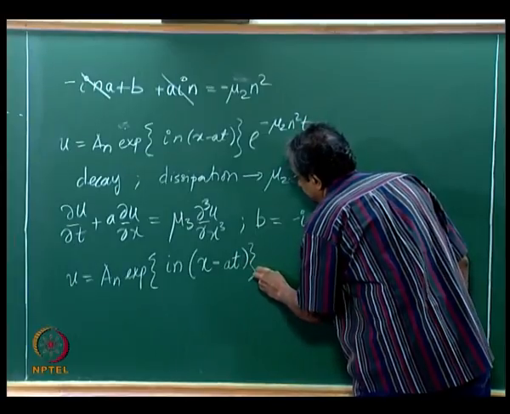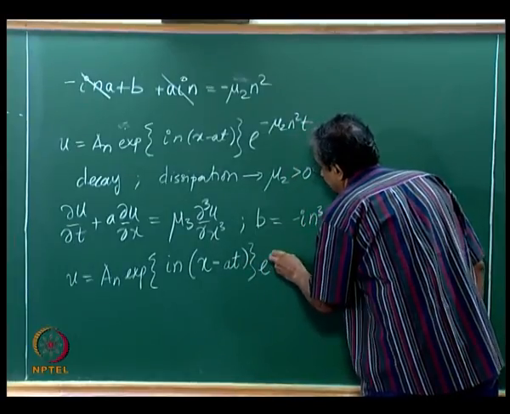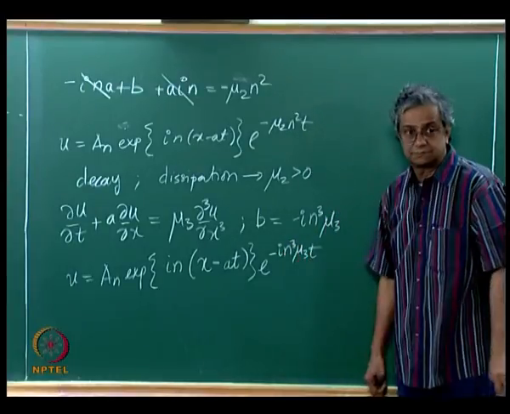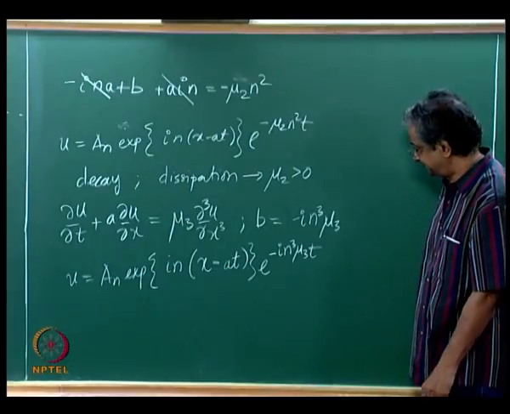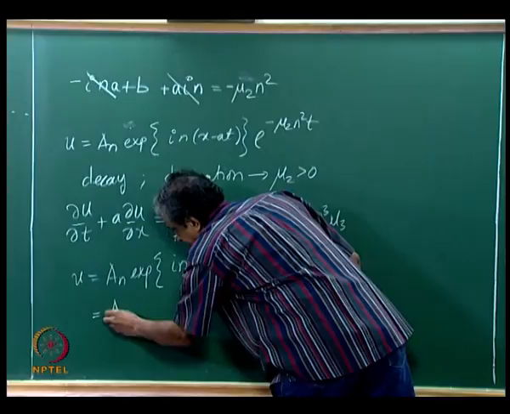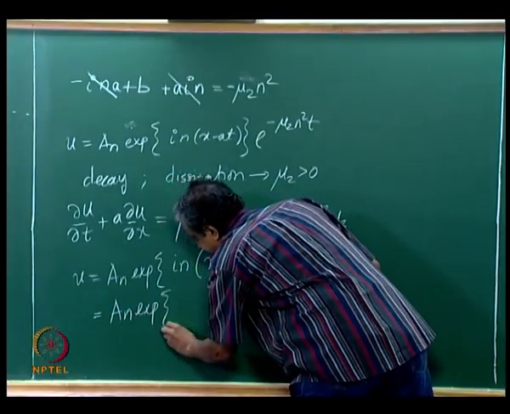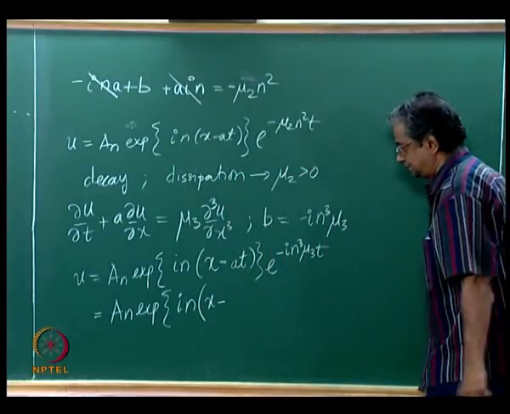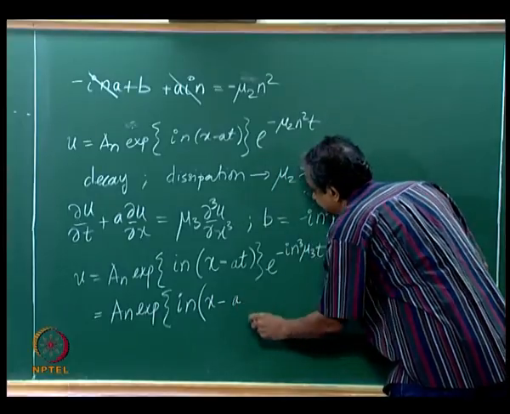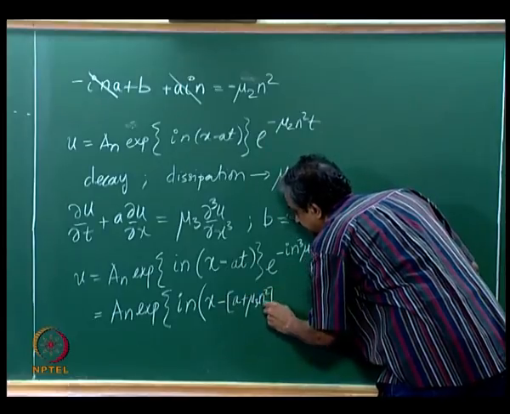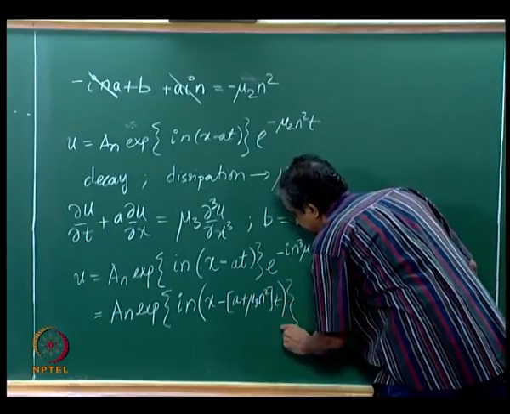At n exponent e power minus I n cubed mu 3 t, okay, and we can in fact combine these terms. So this gives me a n exponent I n x minus a plus mu 3 n squared t. Is that okay?